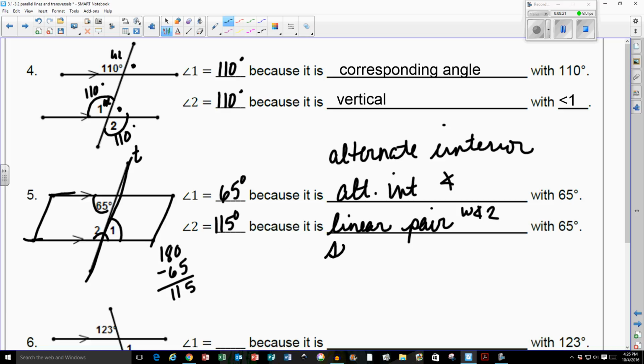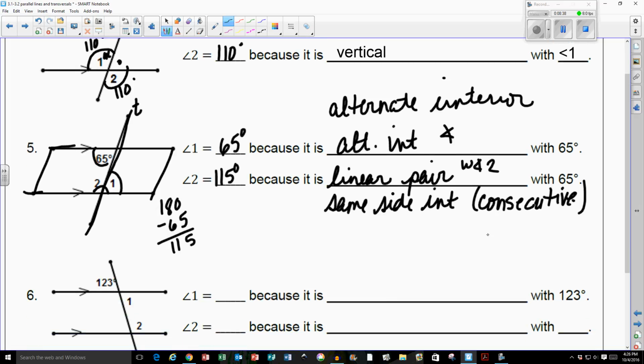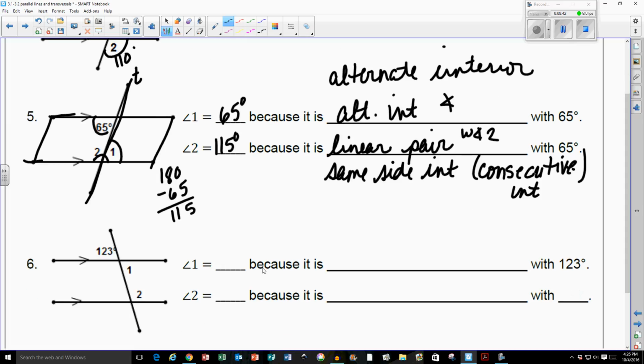So we're going to go with same side interior, also known as consecutive interior. So these are supplementary.